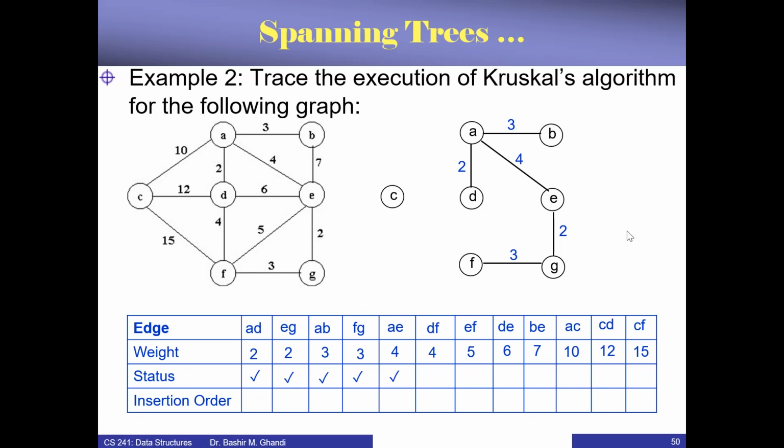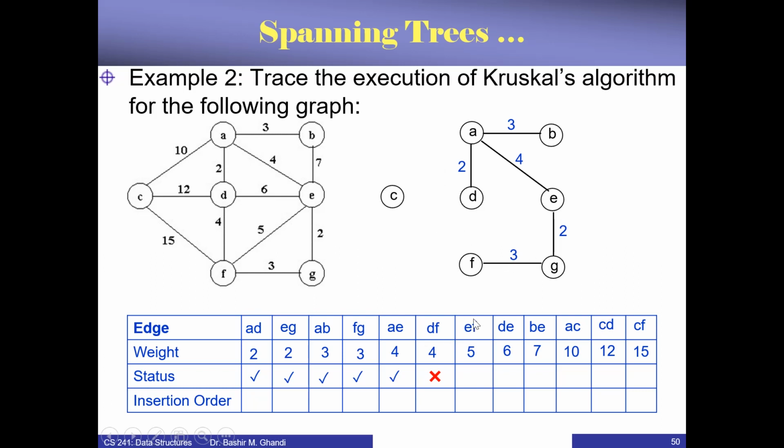All right, but watch what will happen, because next is DF. Now clearly adding DF is going to create a cycle. Therefore, we're going to reject DF. So DF will be thrown away. And here in the status row, we marked a cross, showing that edge DF was not accepted because adding it will create a cycle.